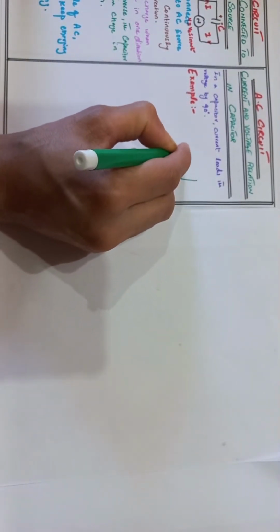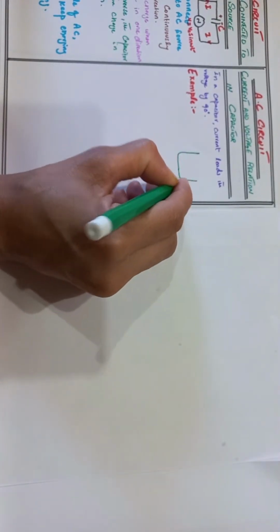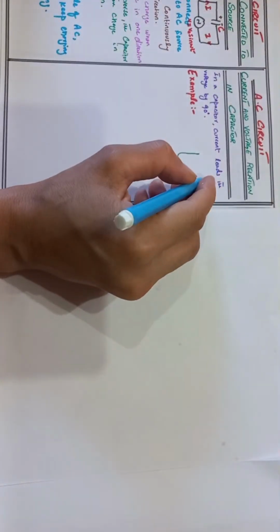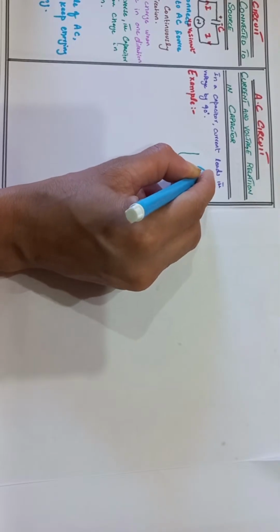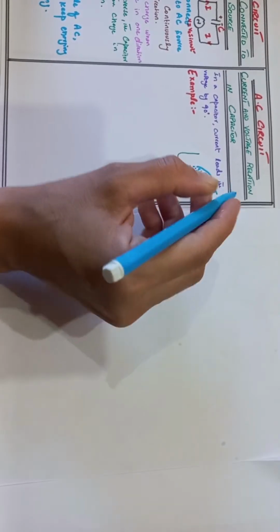Think of a bucket like a capacitor. This is the bucket and we fill it with water. The water that comes into the bucket, we suppose that is the current I.